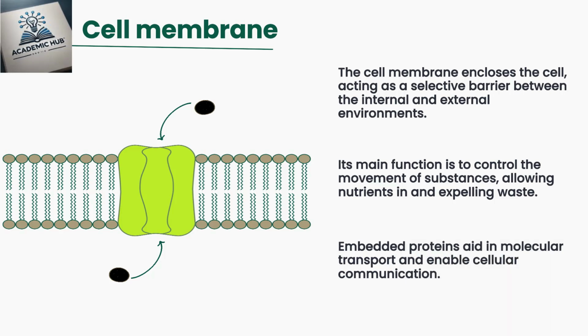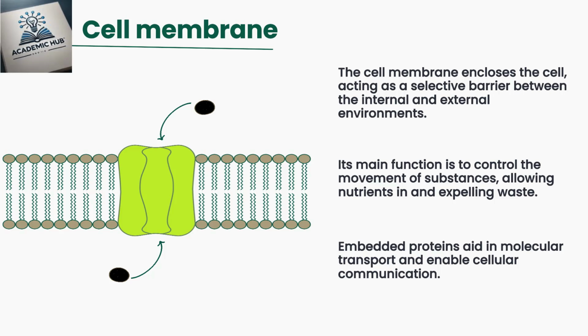By interacting with external molecules, the membrane helps the cell sense and respond to its environment. This communication is essential for processes such as immune responses, tissue repair, and even the regulation of metabolism.